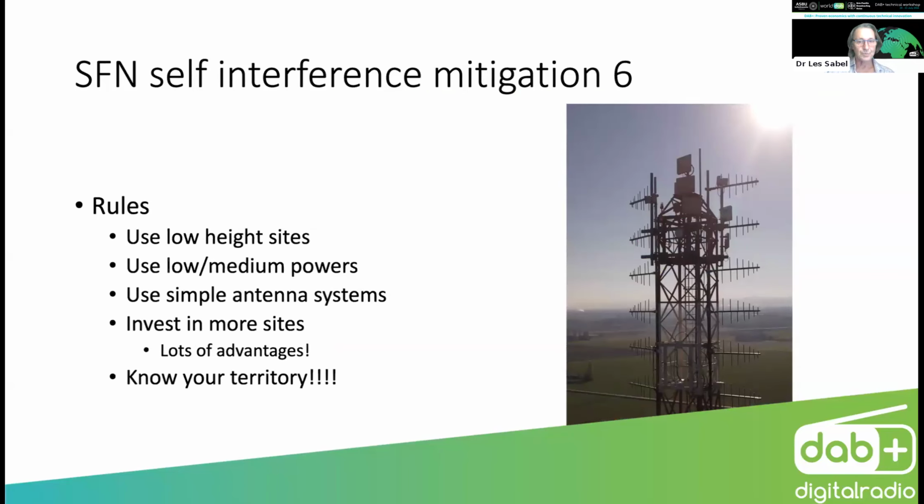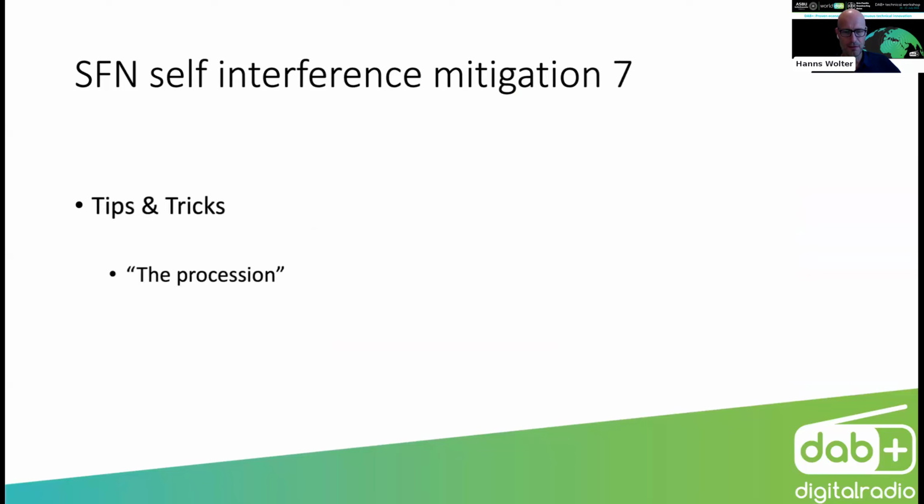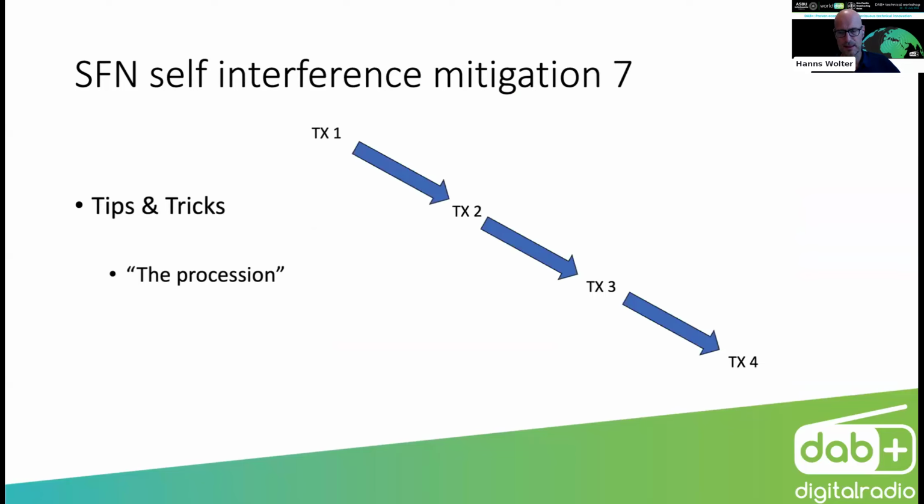So, as I said, use low height sites, medium power, simple antenna systems. And then there are a few tricks. And one is the procession, which I call. And this is something, if you remember the map of Italy, where you have a long coastline, basically I start on the top transmitter, which has no offset. And then going down to the south, the offset, of course, increases, and the antenna systems are more or less directional that they go south.